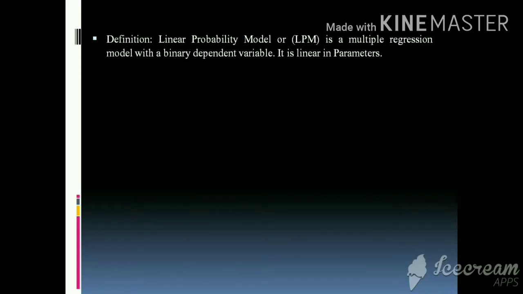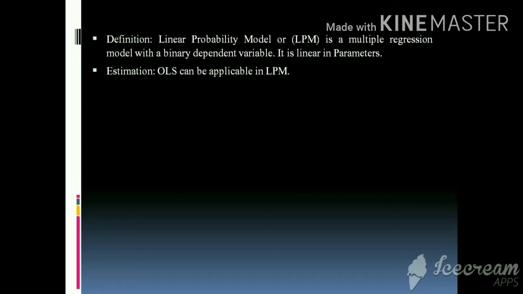That means a yes, no situation arises with the dependent variable. In that type of case, if we formulate the problem in terms of a regression model, then this is known as the linear probability model.